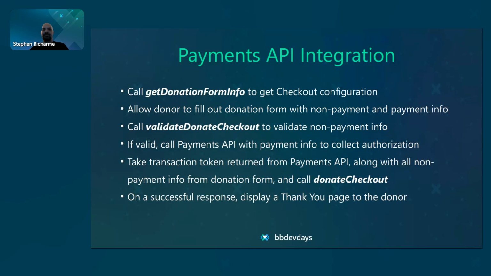With the payments API integration, you have to deal with that directly yourself. It gives you a bit more control over the fields that you're displaying to the donor, but you pay the price for that extra control in the extra work needed to call the payments API.